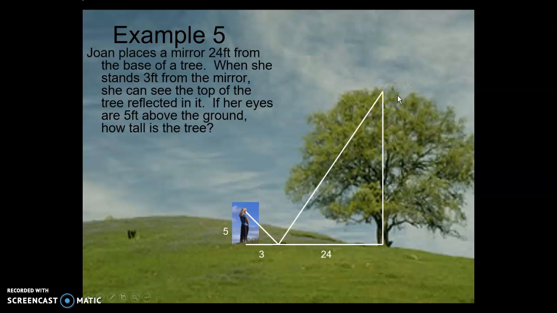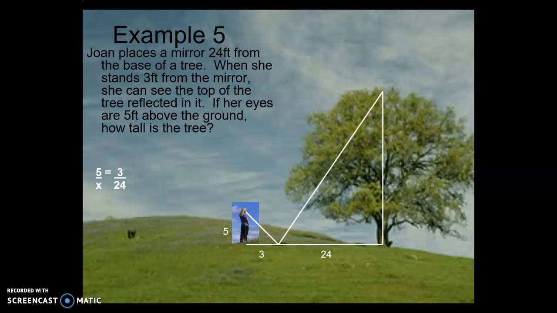Let's label all the stuff that they've told us. We're looking for how tall the tree is. Once again, you want to make a proportion, like her height compared to the tree height, which we don't know, 5 over X. If you wanted to, you could do tree height to her height, X over 5, but then you'd have to flip that ratio over for the distances from the mirror.